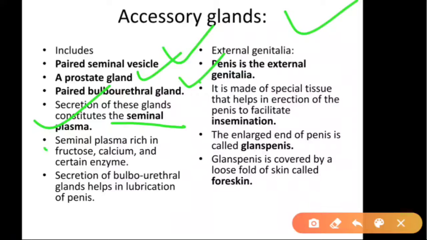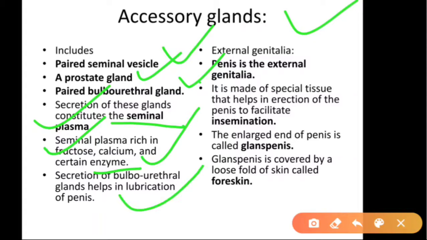This seminal plasma is rich in fructose. Fructose is a source of energy, and it also contains calcium and certain enzymes. All these make sperm very active, and their movements increase by the presence of these substances, that is fructose, calcium, and enzymes.